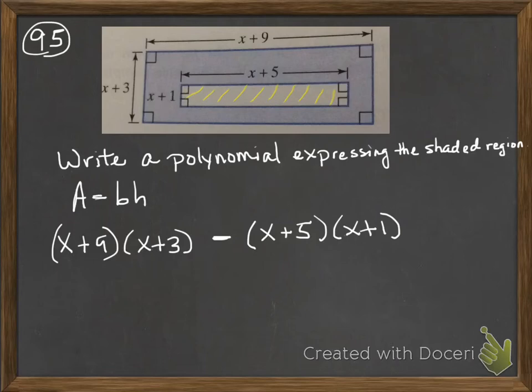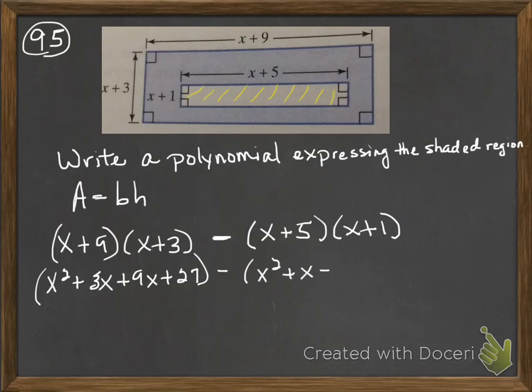So order of operations, we have to multiply before we can subtract. So we would FOIL out these first two binomials. Keep that answer in parentheses, bring down your subtract, FOIL out the second pair of binomials. Keep those in parentheses, combine like terms.